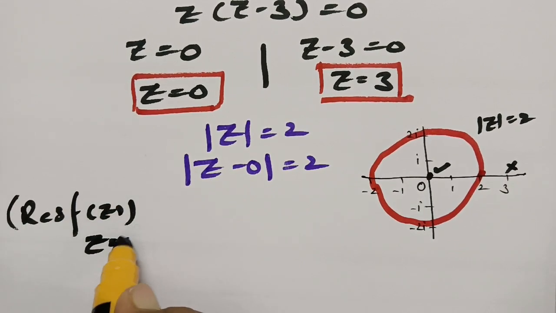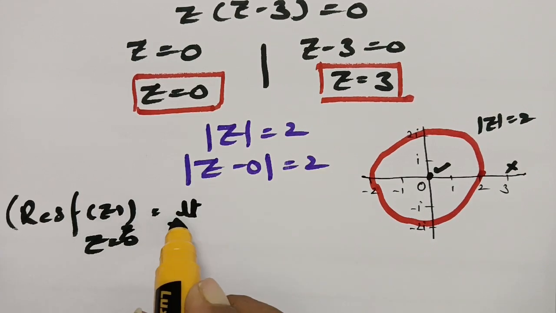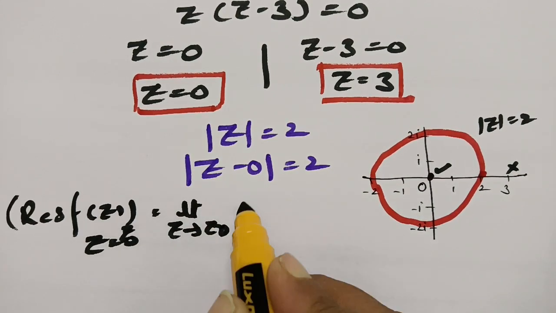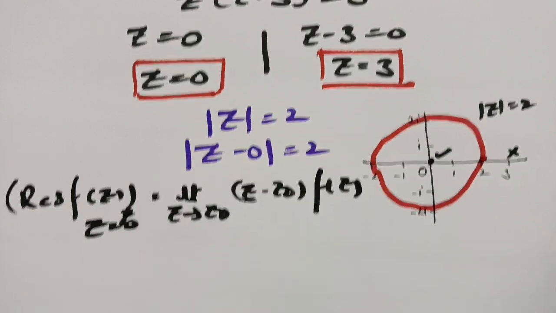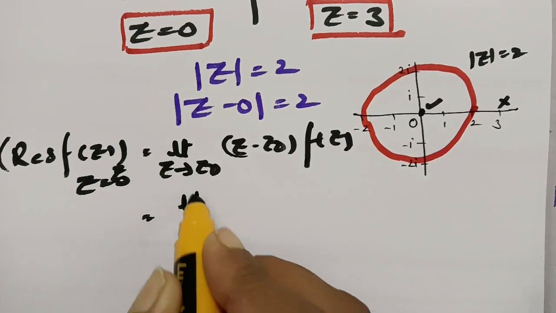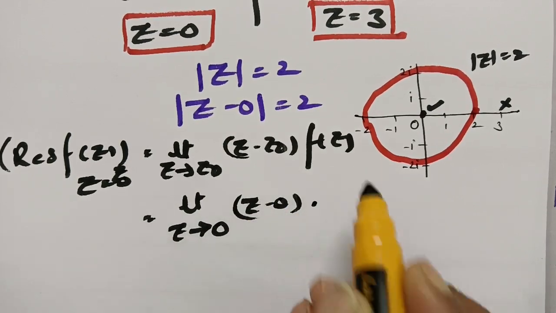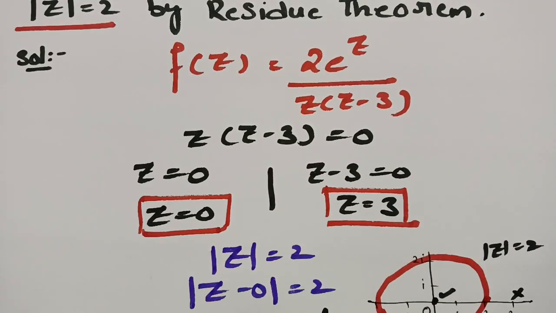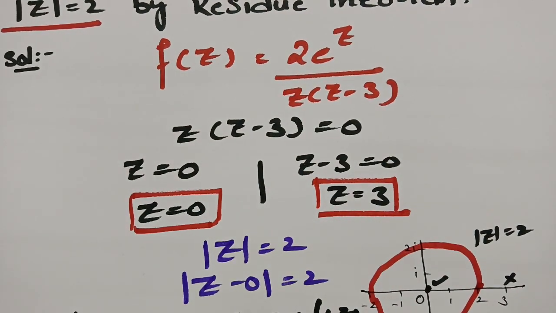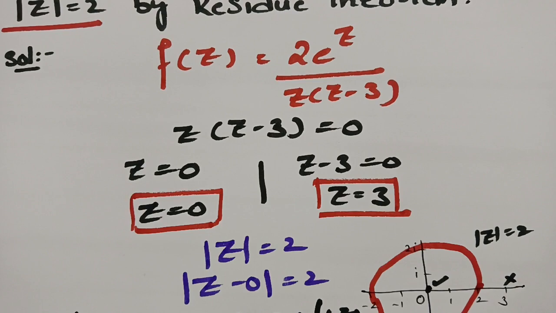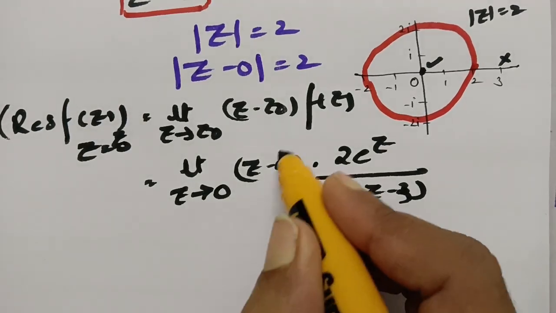Now the residue of f(z) at the point z = z0 is the limit as z tends to z0 of (z - z0) f(z). Clear? And therefore this is the limit as z tends to 0 of (z - 0) f(z). What is f(z) here? f(z) is 2 e^z / (z(z - 3)), and therefore I can cancel the z.